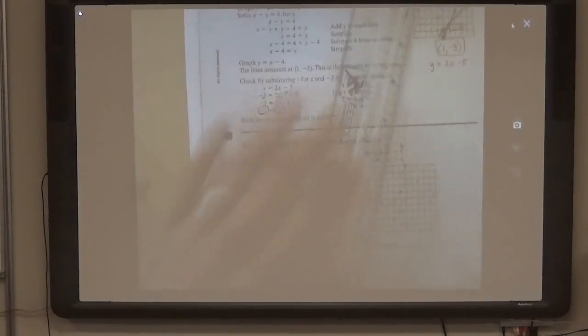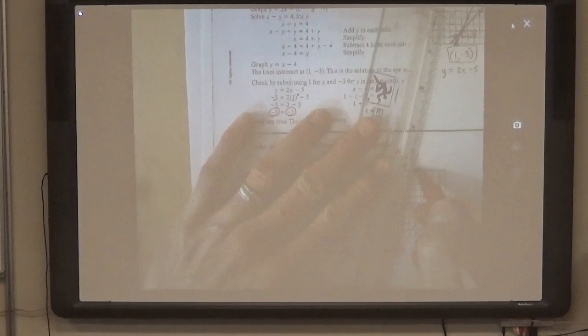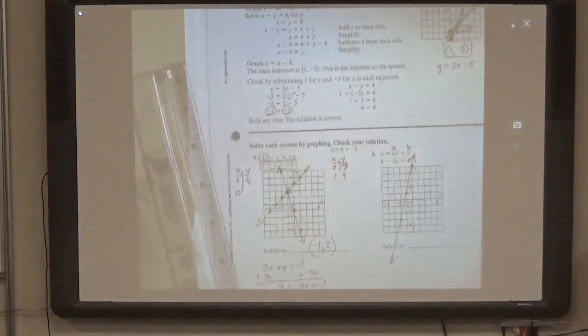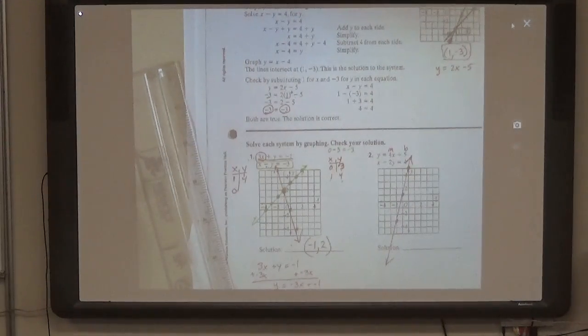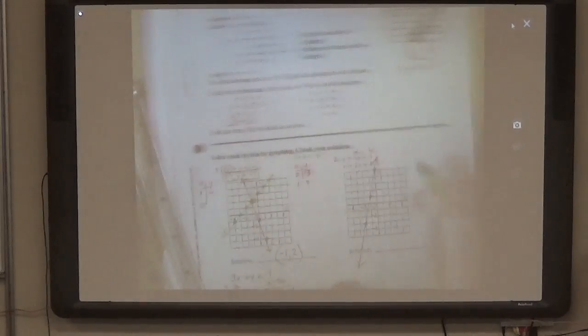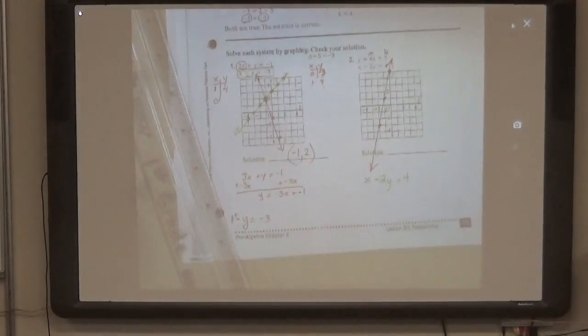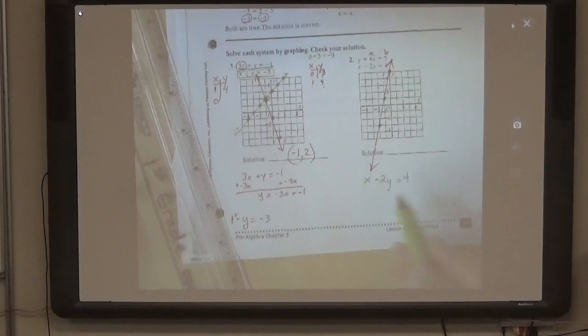So, the second equation is a little harder to graph. There's the first line. Then the second equation, I'm going to rewrite it down here: x minus 2y equals 4. Now, it would be kind of hard to find 2 points that work.